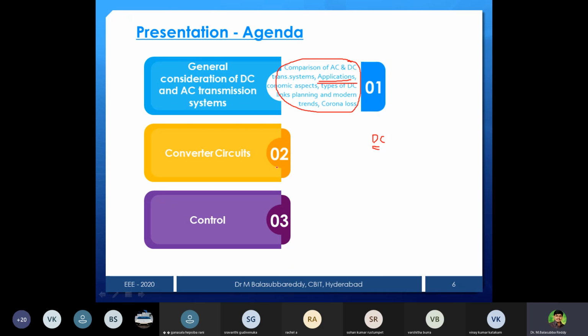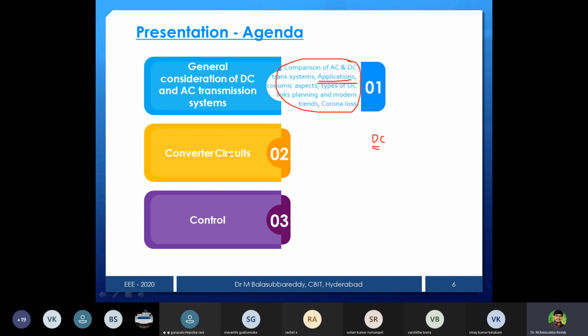Another, third point you can remember, which I mentioned in earlier sentences: whenever you want to synchronize AC systems at different frequencies, that cannot be done through AC. Suppose the Indian system and the American system want to synchronize. It is not at all possible.